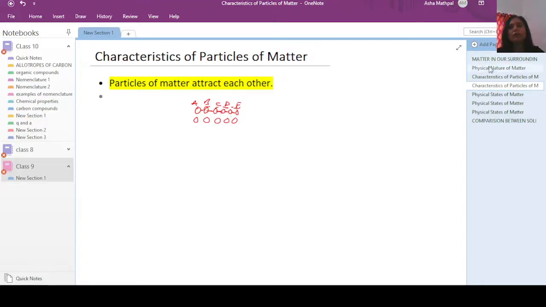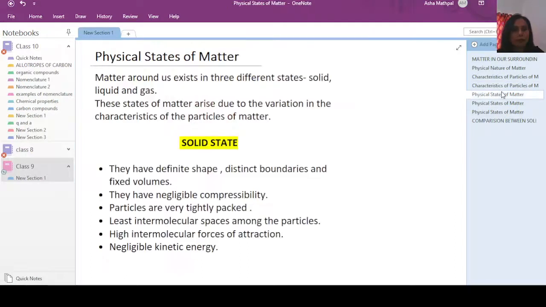So let us start with the physical states of matter. Now in the physical states of matter, basically there are three states: solid, liquid and gas. And the reason there is a variation is all because of the characteristics of the particles of matter, that is the size and the spaces among them, and of course the force of attraction between the particles.